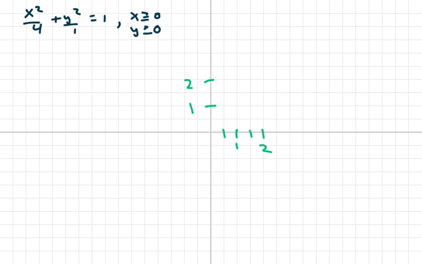So basically, the x goes over by 2, and the y goes up by 1. And we're only graphing this bit. All right, the orientation is from 0 to pi over 2. So that's counterclockwise. There's your orientation.